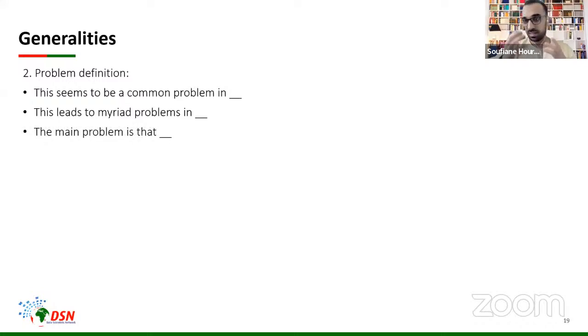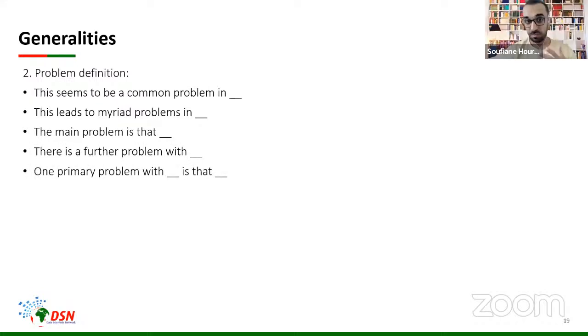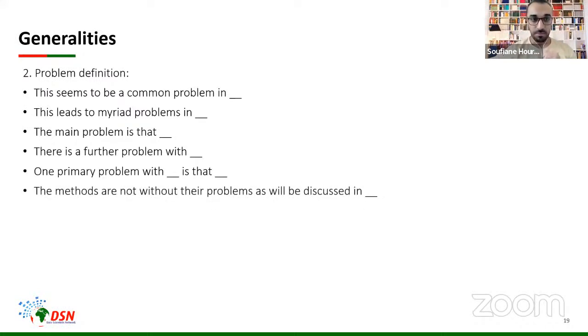The main problem is that, this is the simplest one. The main problem is that something like that. There is a further problem, or one primary problem with this is that the methods are not without their problems, as we'll discuss.